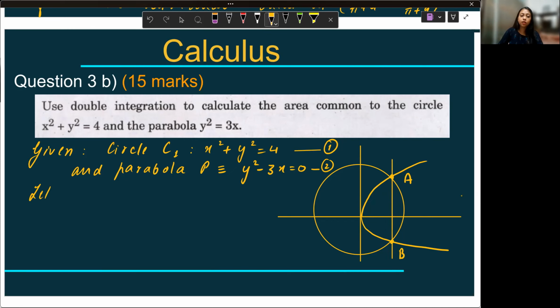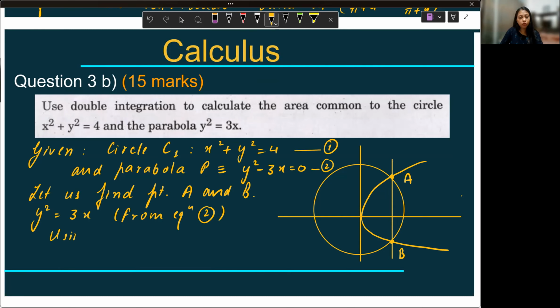Let us find point A and B. So y square is equal to 3x, this is from equation 2.